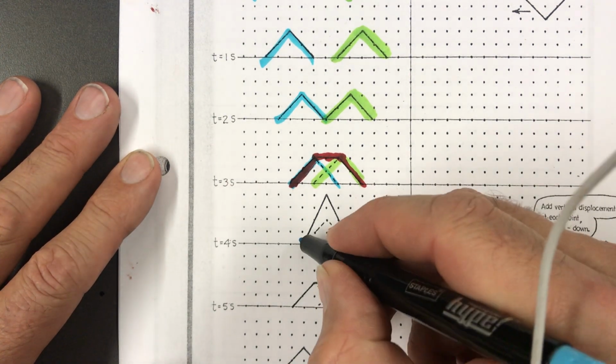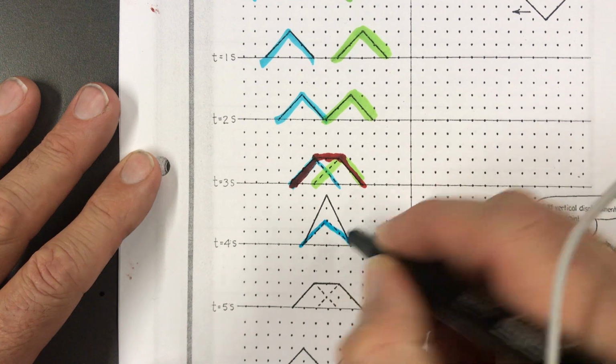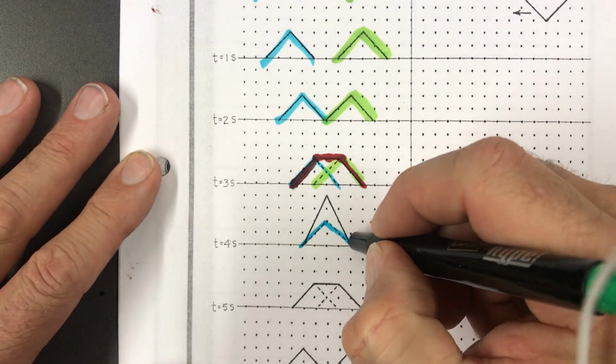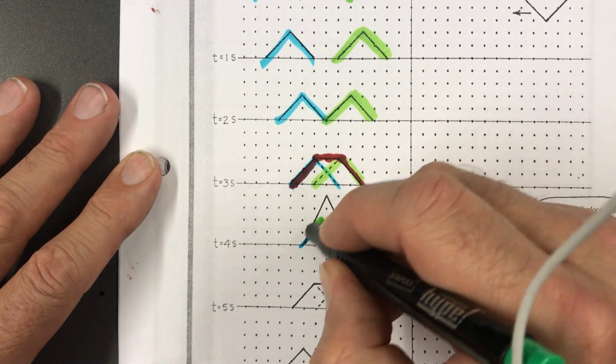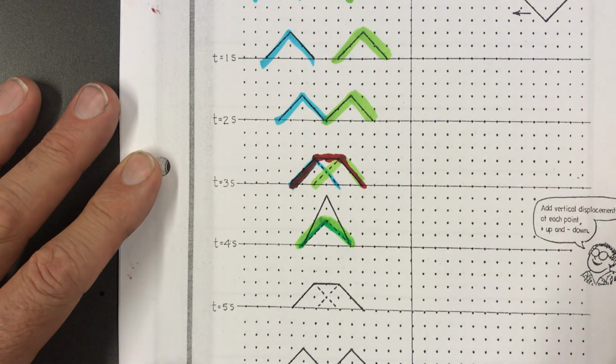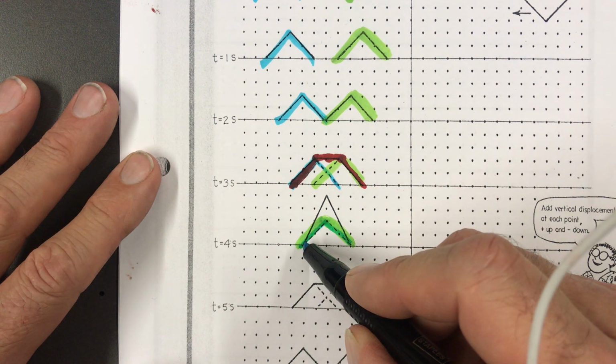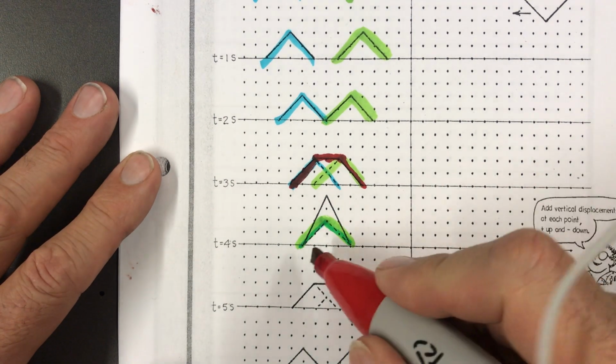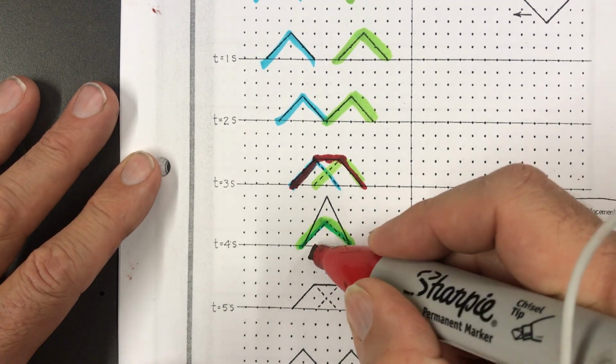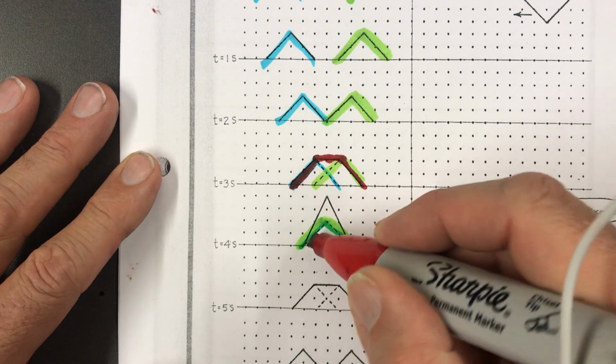Now in the next second, the blue wave moves 1 section to the right, and the green wave moves 1 section to the left. And so you see that they totally overlap. So here we have 0 plus 0 is equal to 0. And in this dot right here, we have 1 plus 1 is equal to 2.